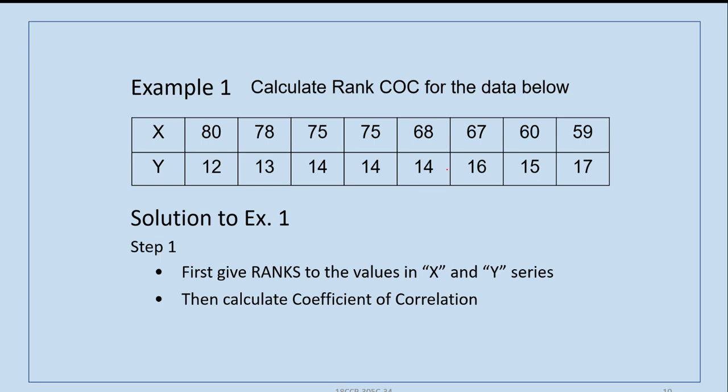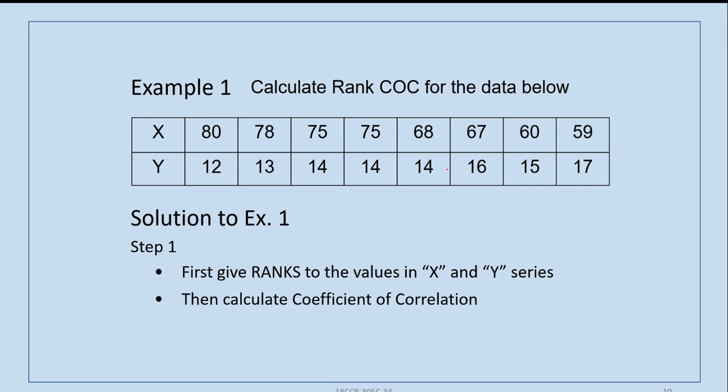So we have to assign the ranks first. We will go to the solution in the next slide, but before that I will explain. First, give ranks to the values in the X and Y series. First, you have to assign the ranks. That is the first step. And the second step is to calculate the coefficient of correlation by using that formula.